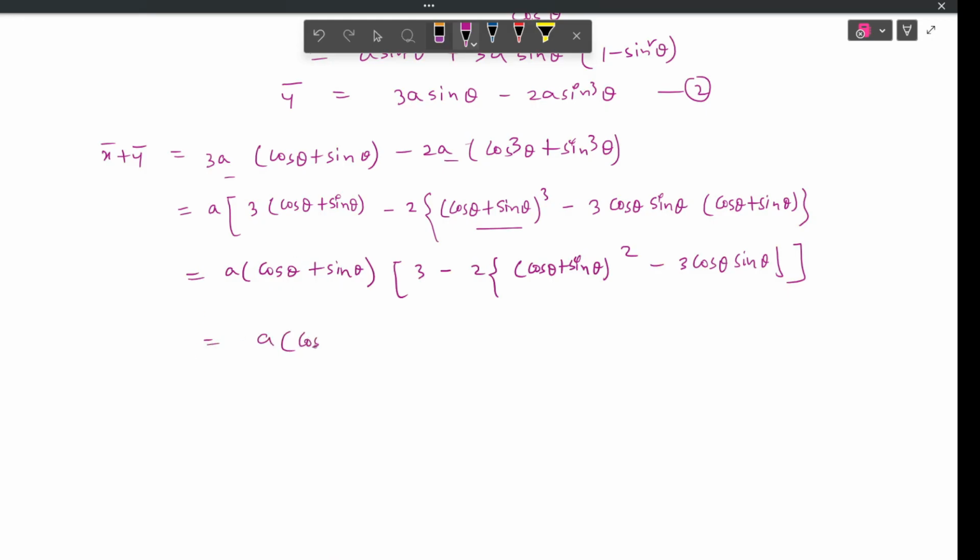This would be a cos theta plus sin theta into 3 minus, you can say twice, this is sin square theta plus cos square theta, this is 1 plus 2 sin theta cos theta minus 3 sin theta cos theta, you will get 1 sin theta cos theta. So this is twice into 1 minus sin theta cos theta.